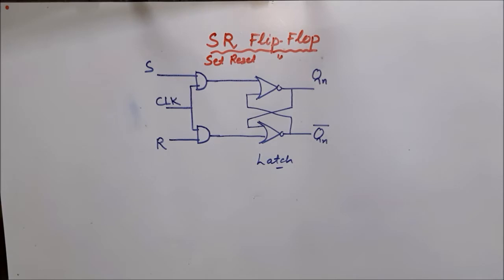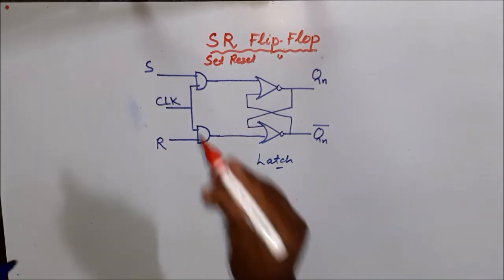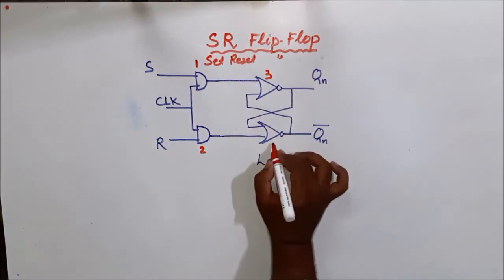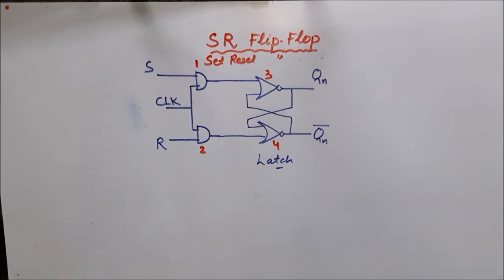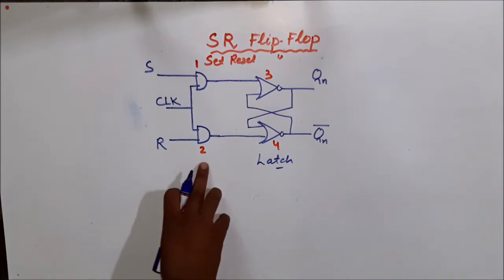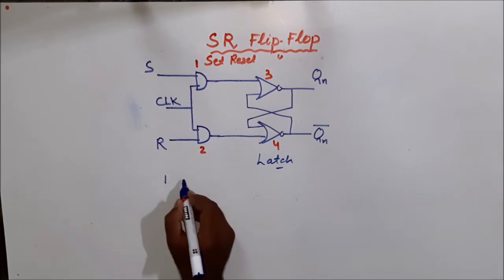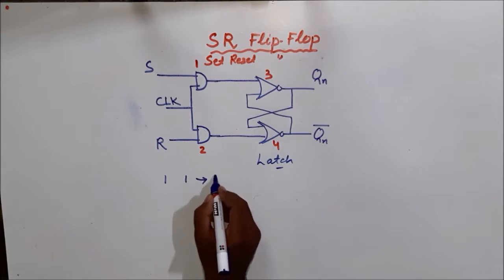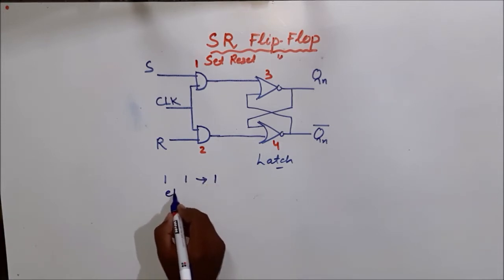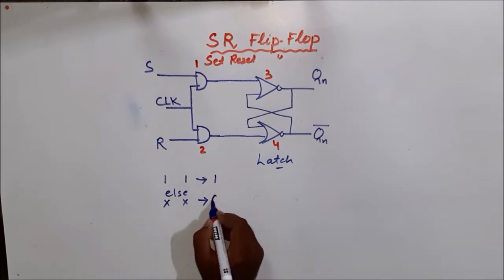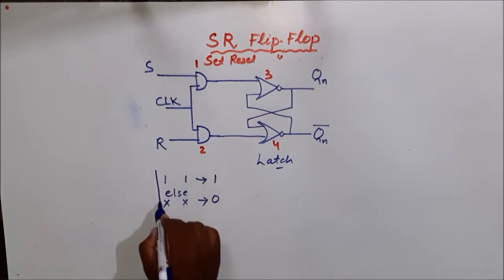The truth table of an AND gate says that if both inputs become 1, then the output becomes 1. Let's name them gate 1, gate 2, gate 3 and gate 4. Otherwise, whatever the inputs are, the output will be 0. Only one condition exists.